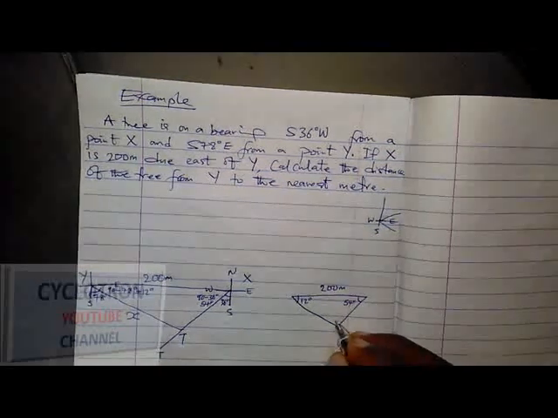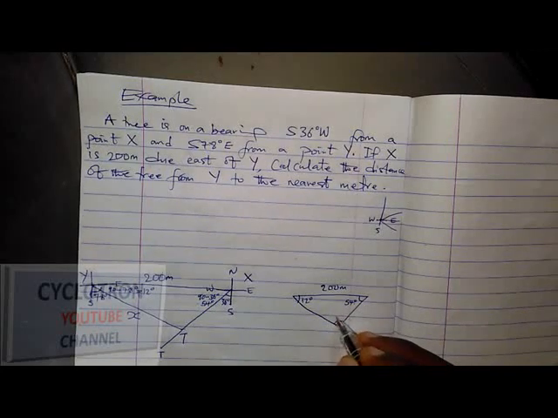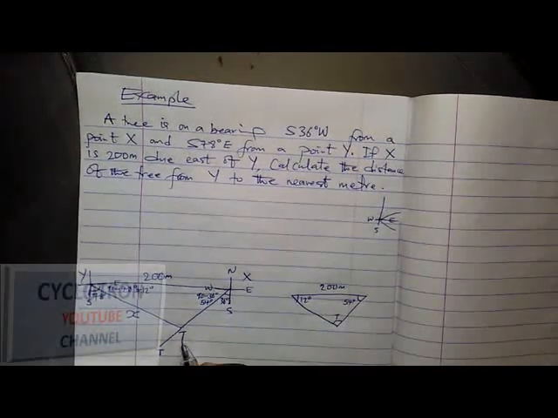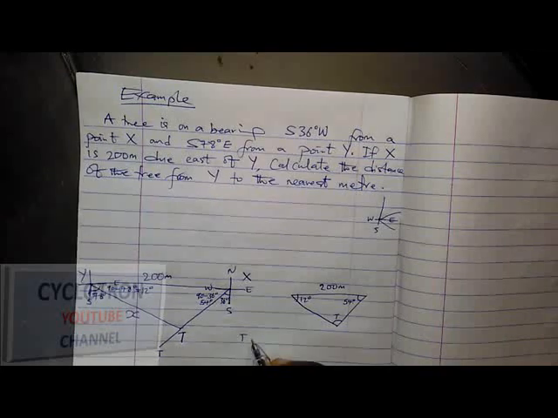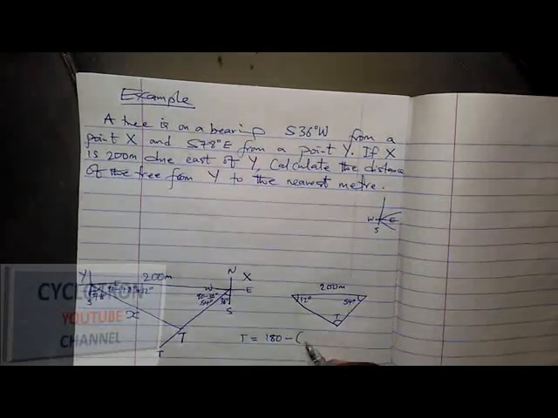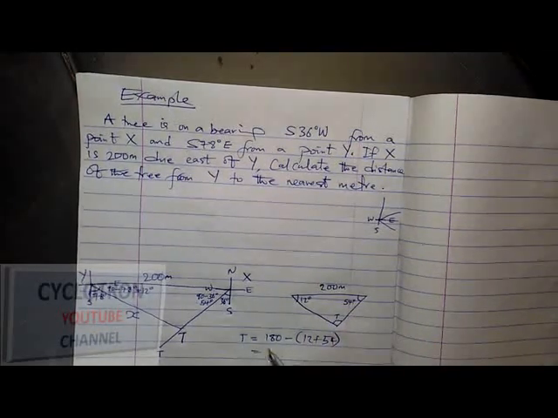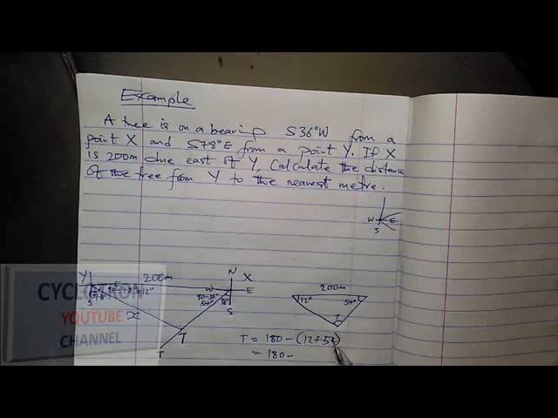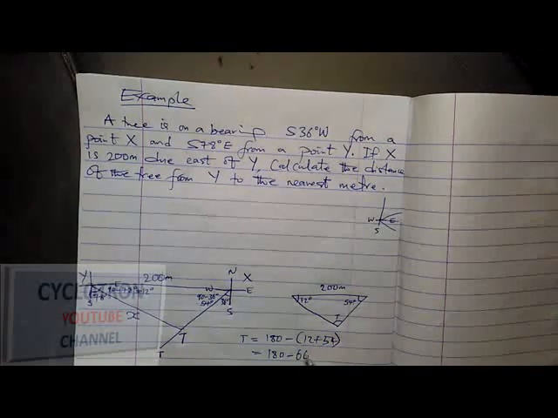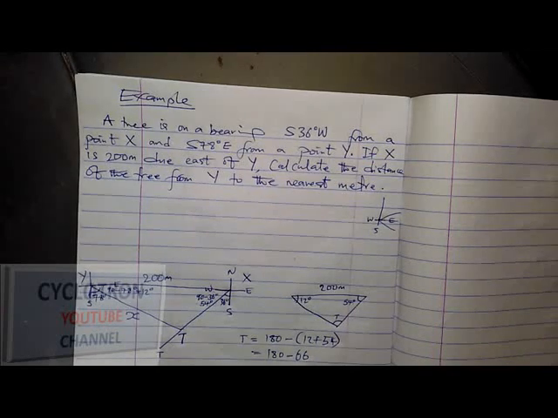Let's say this is angle T, because this is the third angle. T is equal to 180 minus the sum of the others. When you sum that, you have 66. 180 minus 66 is 114 degrees.